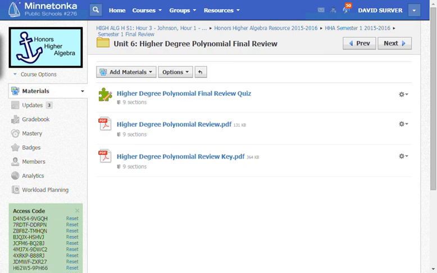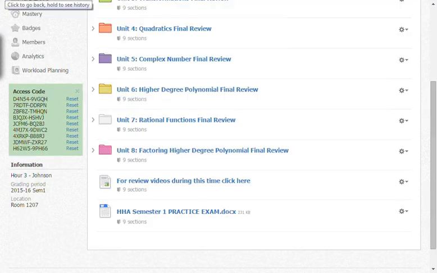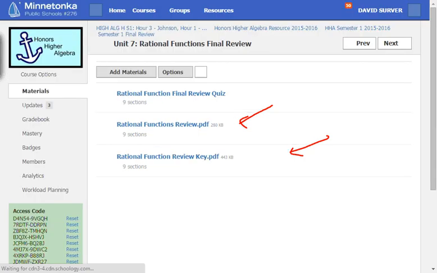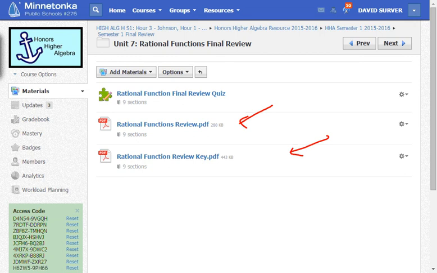So that's higher degree polys. And now we have these two things left. That and this. Rational functions and factoring higher degree polynomials. So I'm going to get through a little bit of rationals right now. Yay, there's only one worksheet.